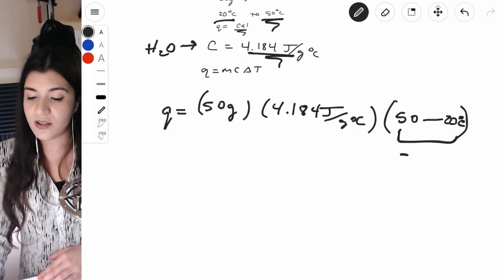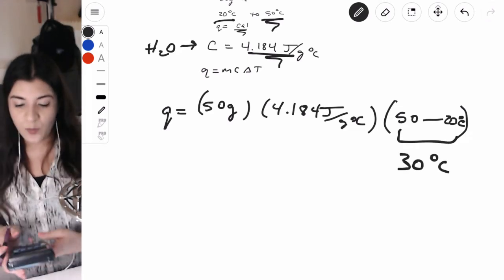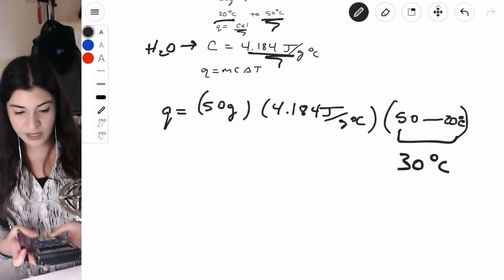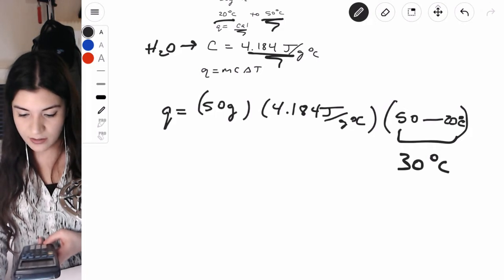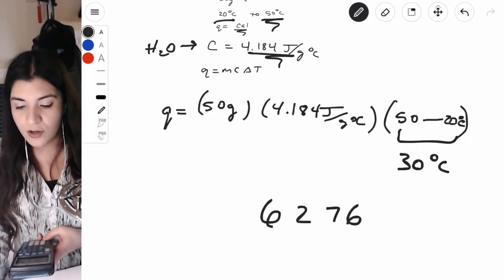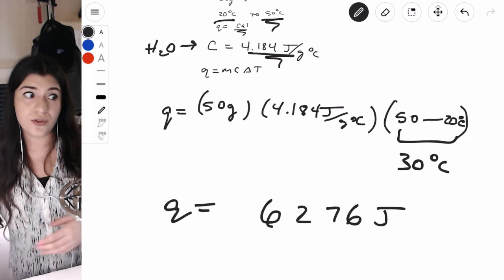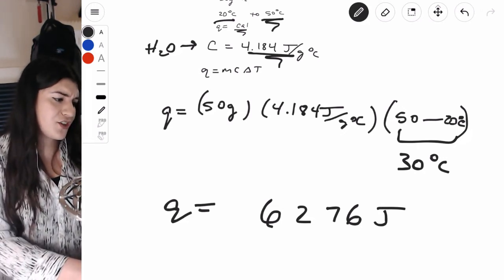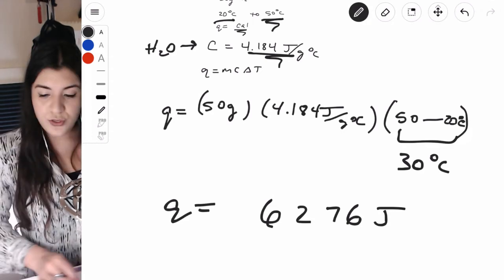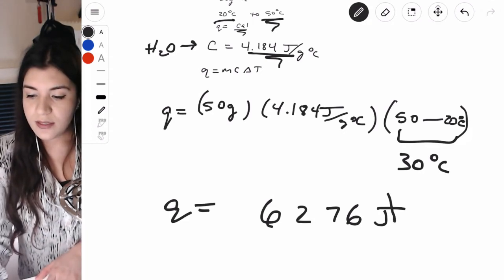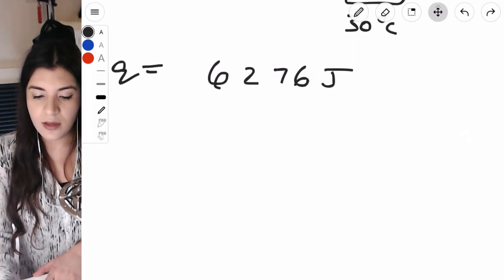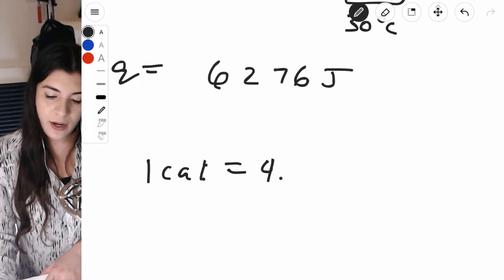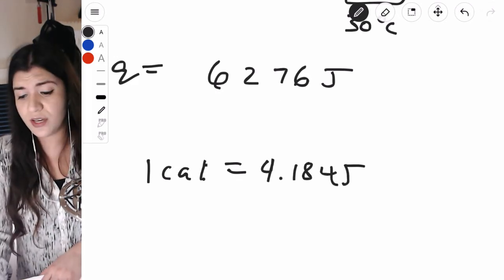If I subtract these two, that gives us 30 degrees Celsius. Then we multiply: 50 times 4.184 times 30 gives us 6276 joules. Now I'm going to convert this to calories. It is known that 1 calorie is equal to 4.184 joules, and that's what I'll use to convert.